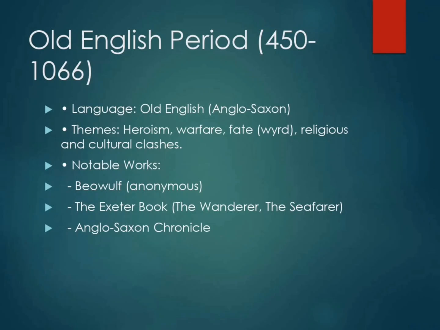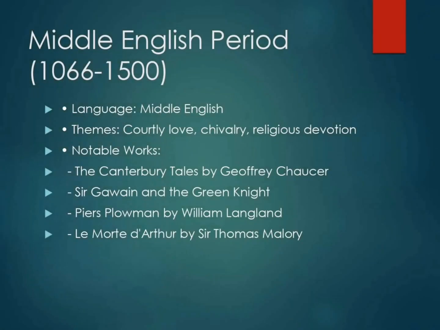The main themes we can see in this period are heroism, warfare, fate, religion, and some cultural clashes. Some of the notable works including these themes are Beowulf, the Exeter Book, which includes The Wanderer and The Seafarer, and some Anglo-Saxon Chronicles.